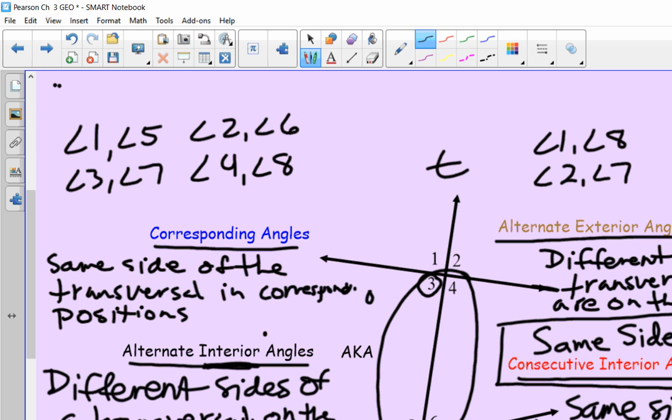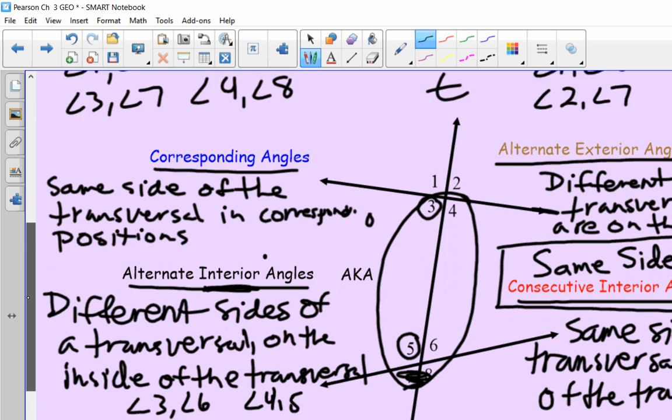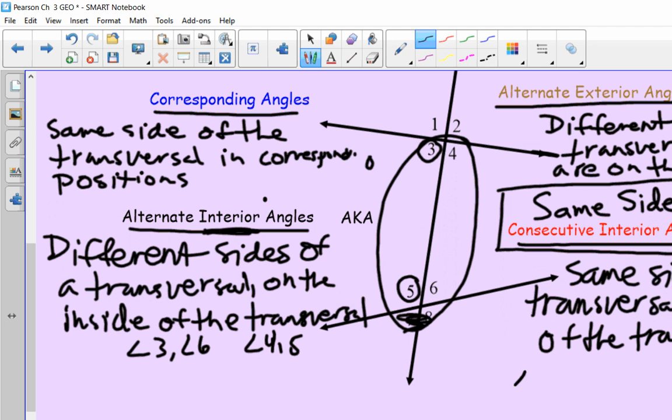So you've got to study same side. So same side of the transversal on the inside, and that looks like it's got to be probably angle 5. Okay. So angle 3 and angle 5 are same side interior angles.